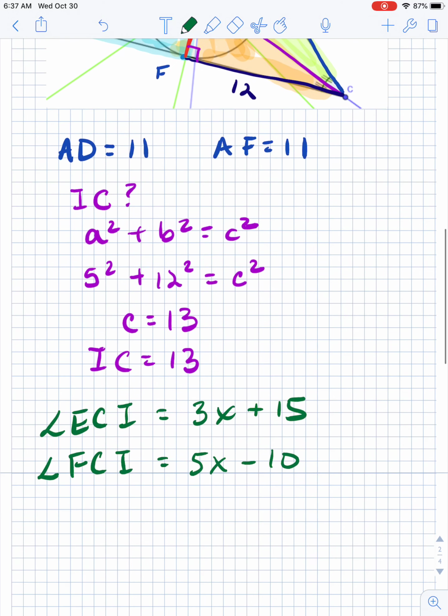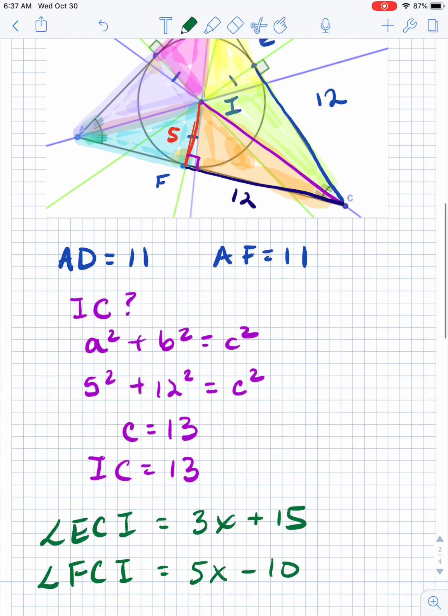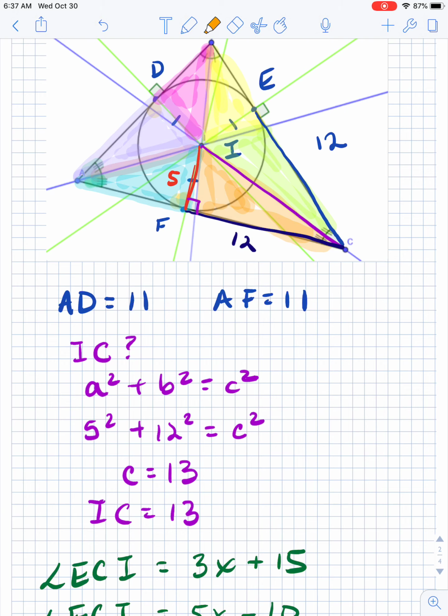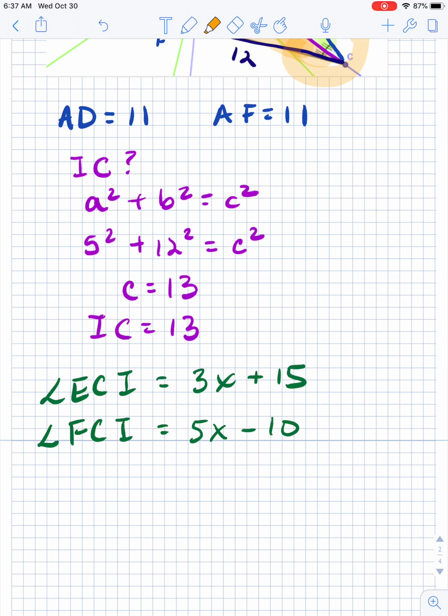All you have to do there is, since ECI and FCI, if we look at this over here, those two angles are congruent to each other. So then that means that I can just set these congruent or equal to each other, right? So I can just say that 5x minus 10 is equal to 3x plus 15. And then I just solve for x and I can find the angle of each one by plugging it back into either one of these expressions, okay?